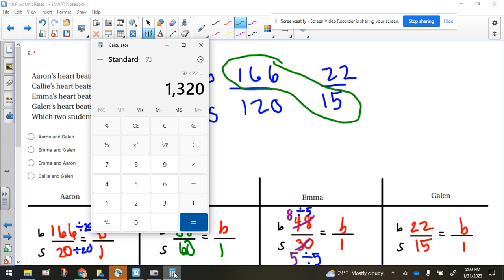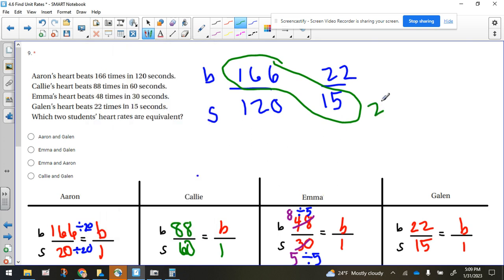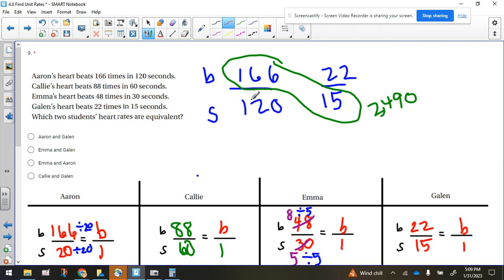In the interest of saving time, I'm going to use a calculator. 166 times 15 gives us 2,490. So the question becomes, is this cross product also going to equal this number? Because if it does, then we're going to say these two have equal ratios and equal heartbeats.